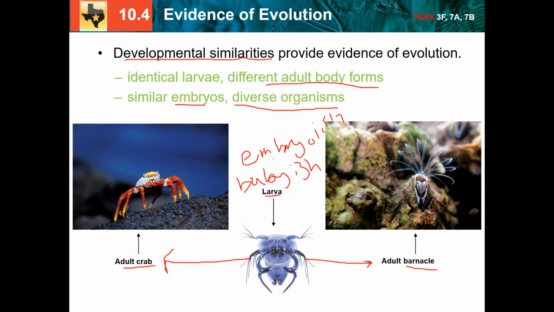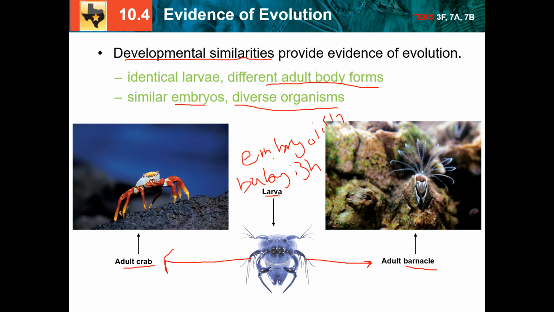Another thing with the embryos, you also have human embryos. If you look at a picture of embryos of humans and fish and different types of mammals and other organisms in general, you start seeing the embryos will be at a stage where they look really similar.